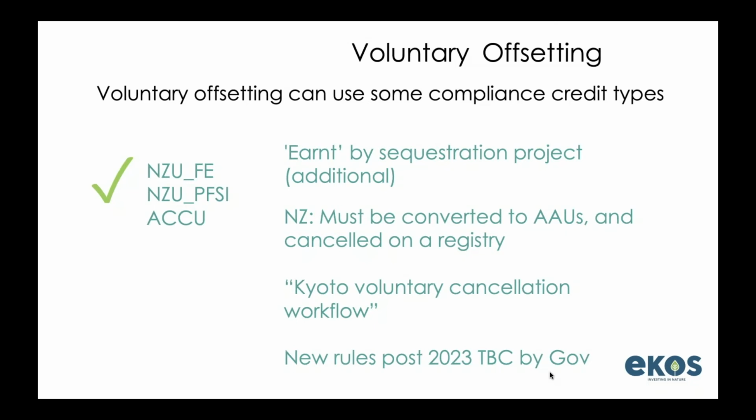And this is called a Kyoto voluntary cancellation workflow. And this is available in New Zealand up until the end of 2023. And post 2023, there will be a new regime because we'll be subject to the Paris Agreement rules by then. And the New Zealand government, at least, has not yet finalised its rules on what that will look like. So I can't share that with you just now.